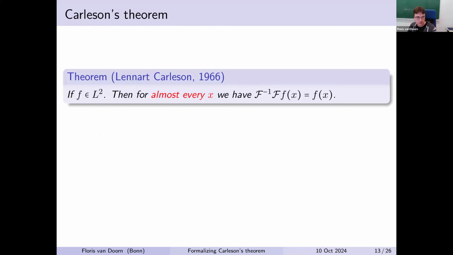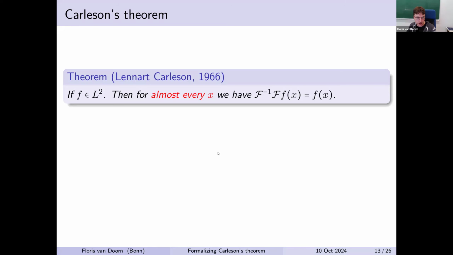But if you want pointwise convergence, things get quite a bit harder, and that is what Carleson's theorem is saying. I already mentioned earlier, if your function is nice and smooth, so continuously differentiable, then the inverse Fourier transform is actually an inverse of the Fourier transform also with the pointwise topology.